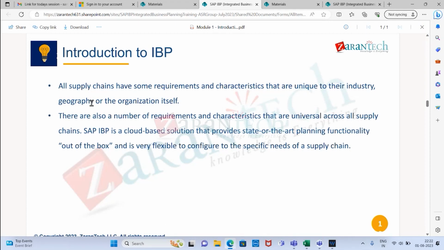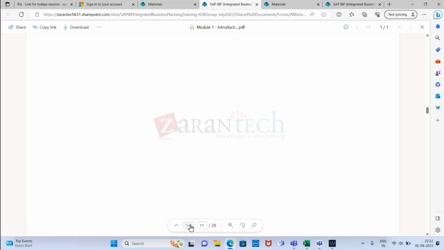So as I mentioned, supply chain has the unique as well as the standard processes. This slide mainly talks about the same points that we discussed in the previous slide.